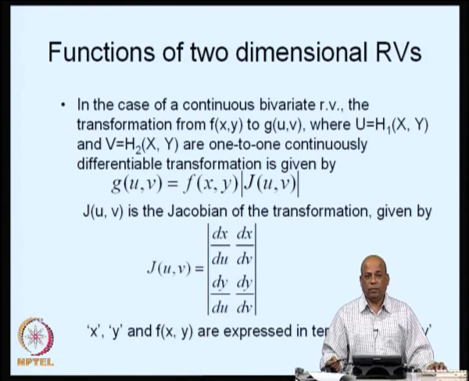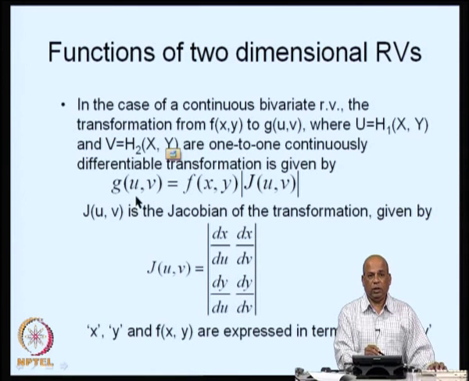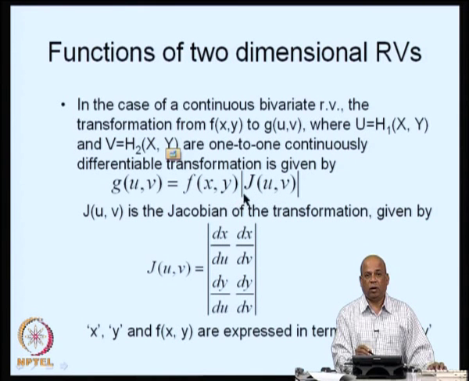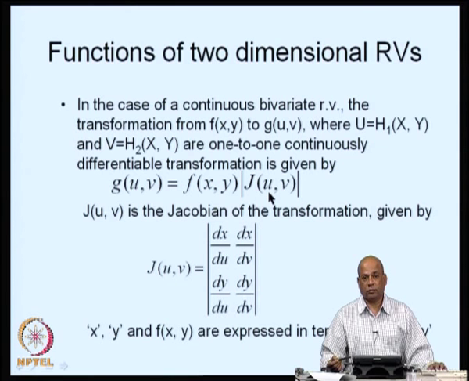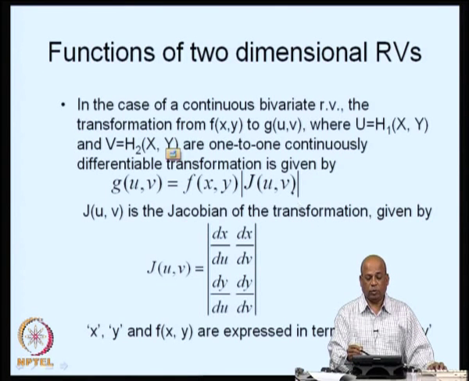In such a case, the joint density g of u comma v is given by f of x y times the determinant j of u comma v, where j u v is the Jacobian of the transformation. I am sorry, this is the absolute value of the Jacobian.